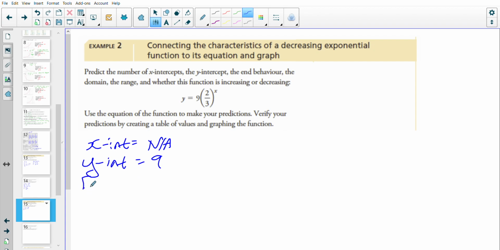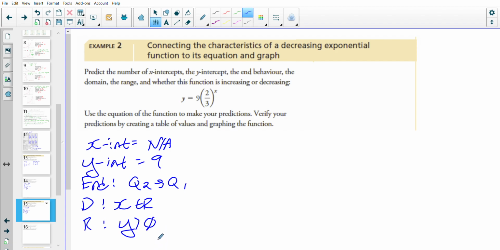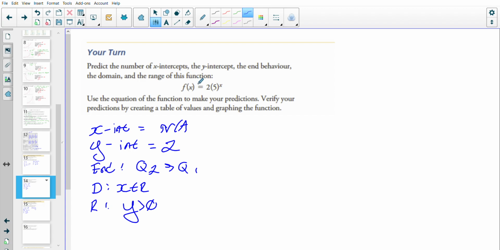And behavior, still Q2 to Q1. Domain is still x is any number that's real, and range is still y must be greater than 0. The function is decreasing. On the previous example, did it ask for that?